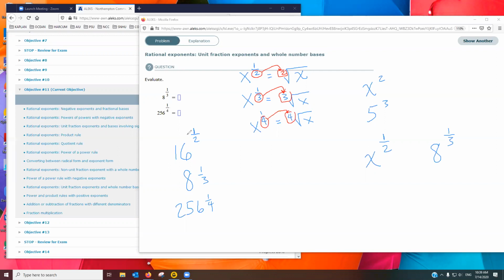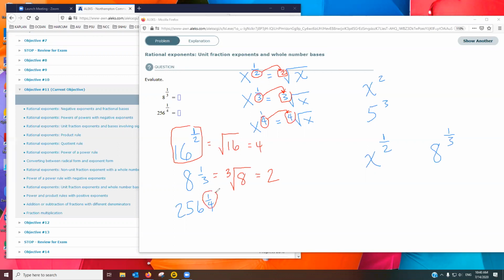All right, so what that means is when I write 16 to the 1/2, it's really the same as the square root of 16. So the exponent 1/2 is the same as taking the square root of the number, but the square root of 16 is just 4. 8 to the 1/3 is the same as the cube root of 8, but the cube root of 8 is asking you what number times itself 3 times equals 8, so this answer is 2.